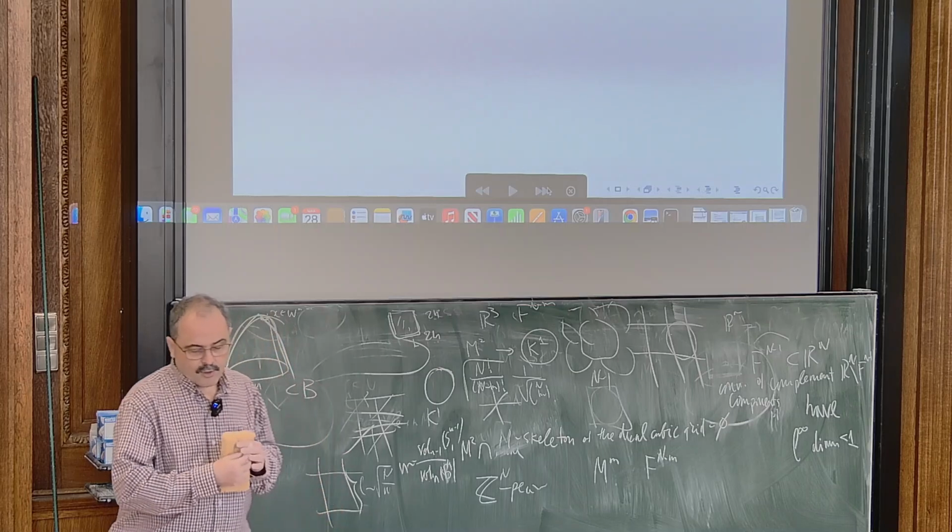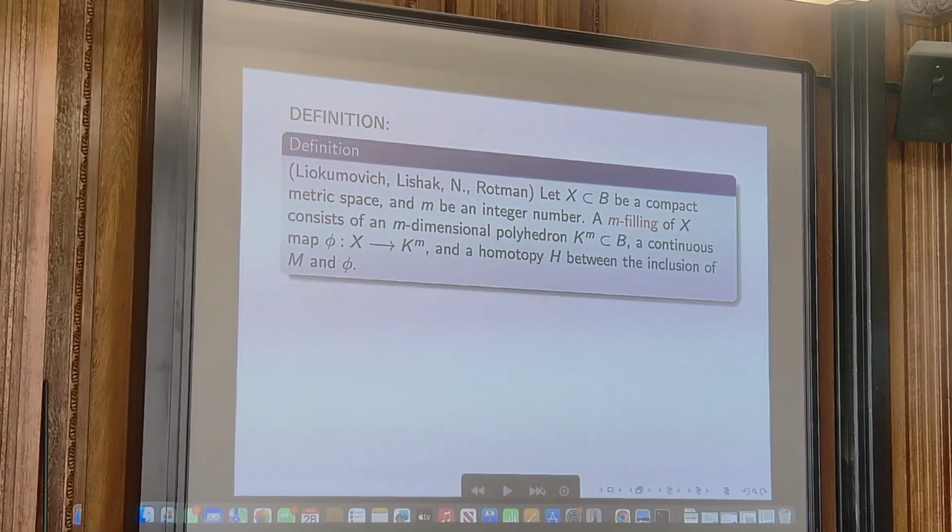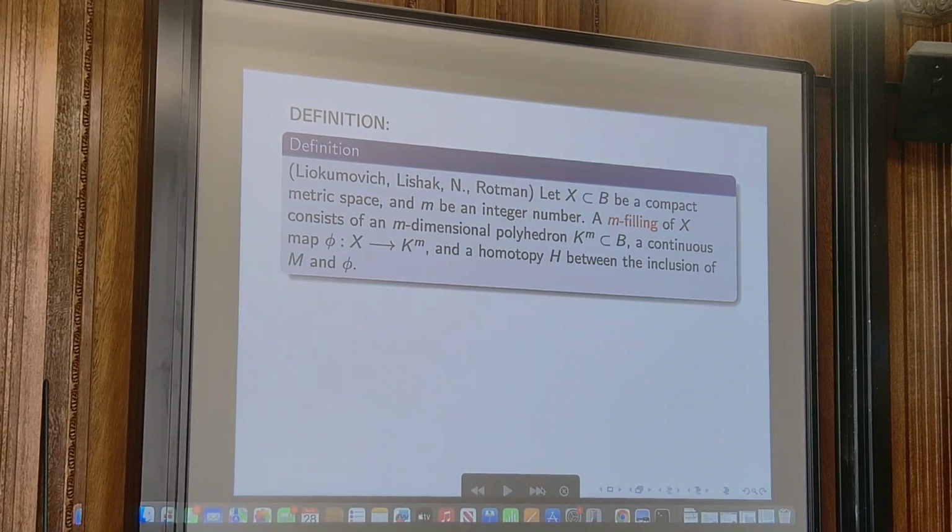And in our paper with Evgeny, Leshak and Rina, we had the following definition. Let's generalize all this story as follows.